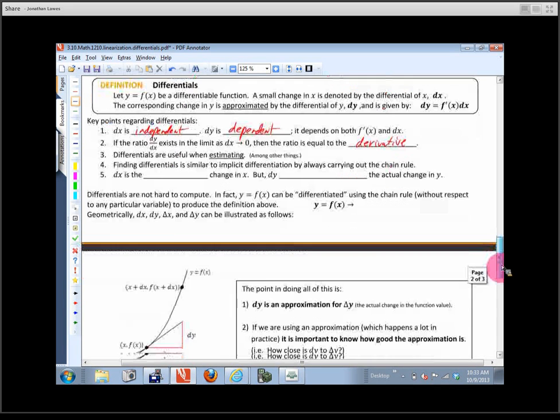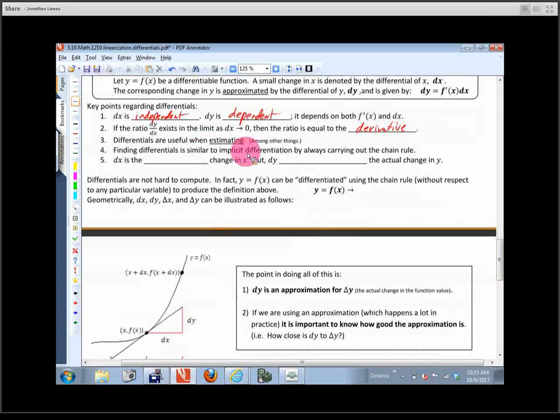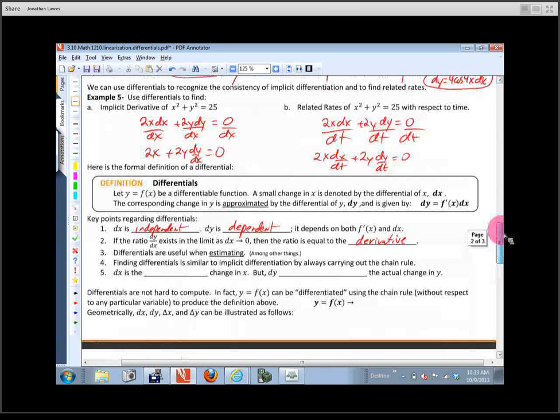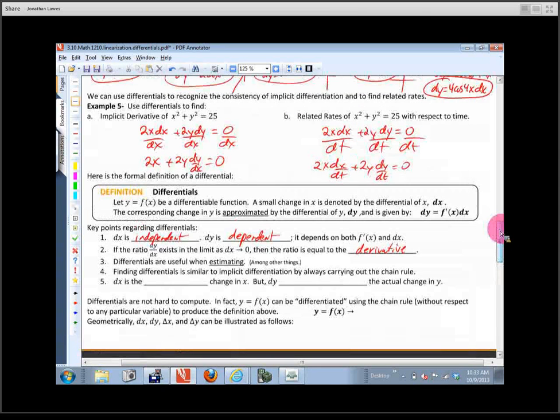Differentials are useful when we're estimating. There are lots of other uses, but that's one of the main ones. Finding differentials is similar to implicit differentiation, like we showed up above. We just don't differentiate with respect to any particular variable. We came in after the fact and divided by dx and dt in those cases.